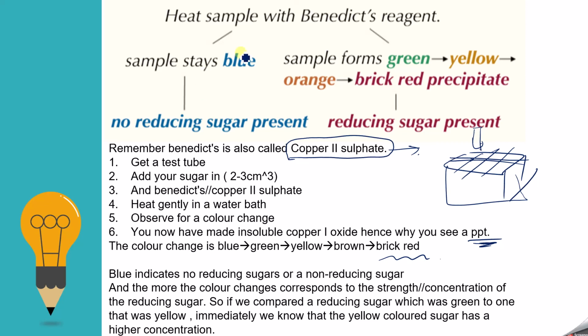If we get green, we've got some reducing sugar, but in weak concentration. Yellow is getting stronger, brown is even stronger, and brick red means you've got really high concentrations of the reducing sugar. So if we compared a reducing sugar which was green to one that was yellow, we know that the yellow sugar solution has a higher concentration.